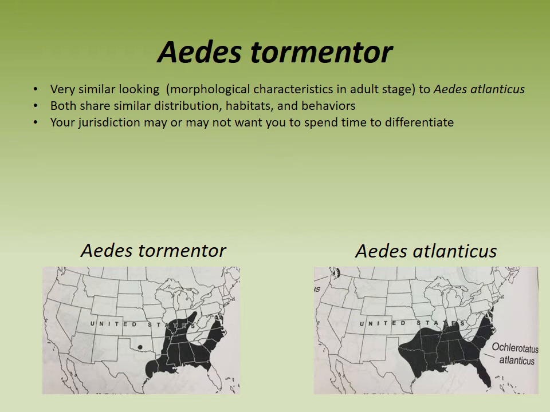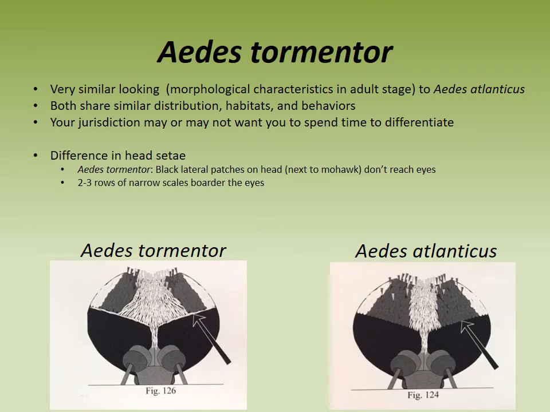Sometimes it takes effort to split these two. You have to really zoom in on the head and take some time to know the difference between the two. And if we're just dealing operationally, control-wise, then maybe it's not worth it to split these two. But if you need to or want to, these are the characteristics.